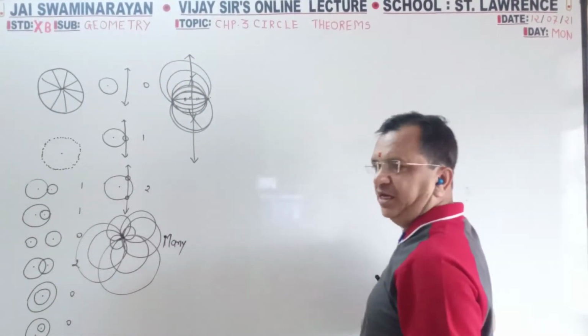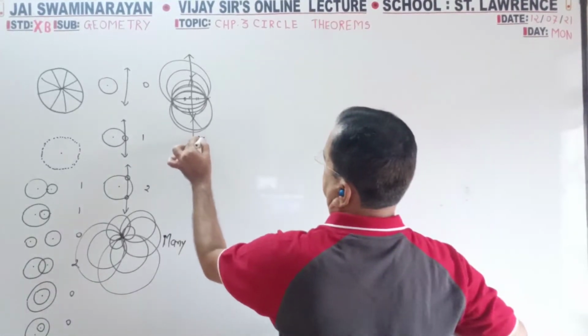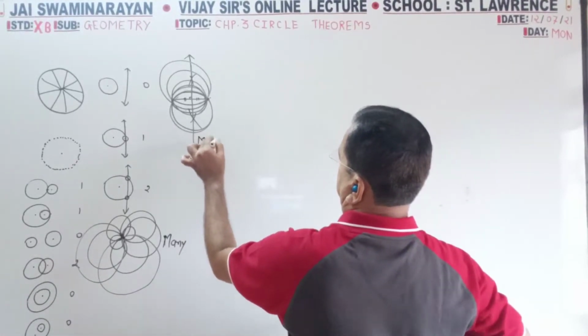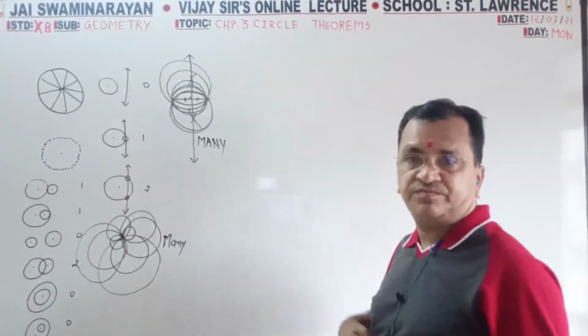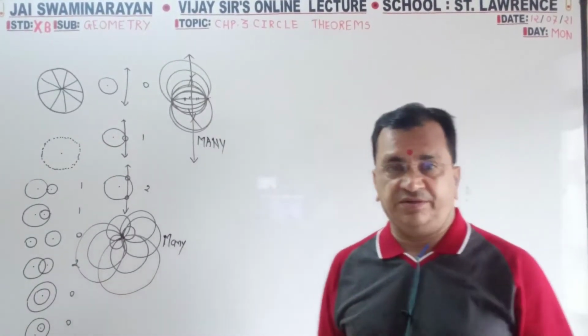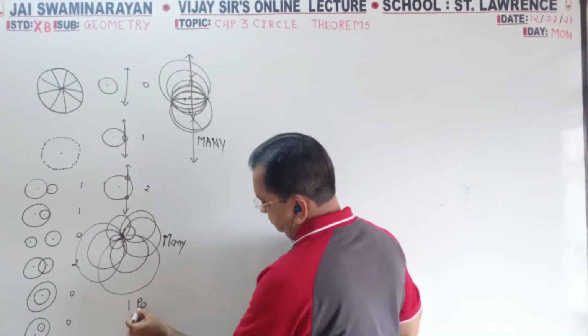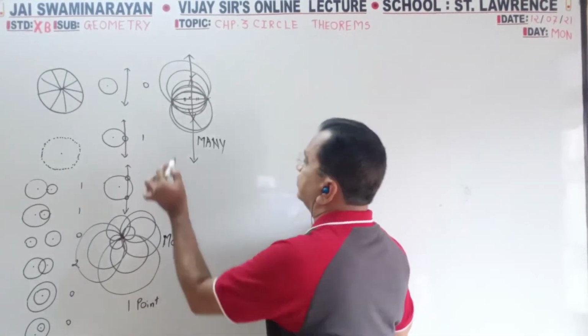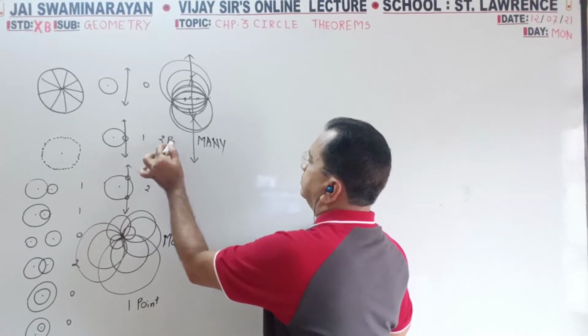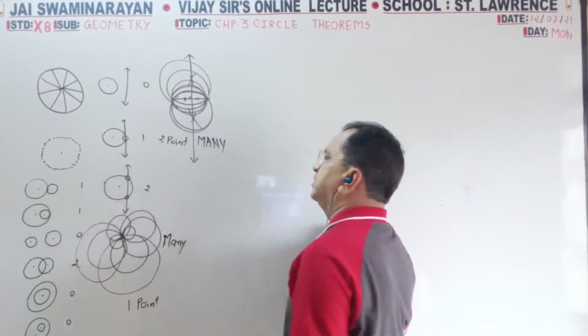So many, again many. From 1 point, from 2 points, many circles.